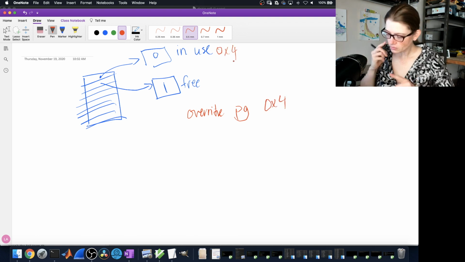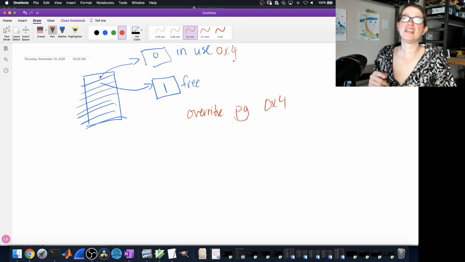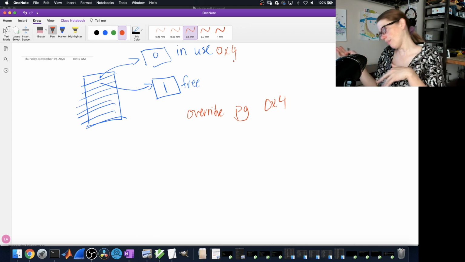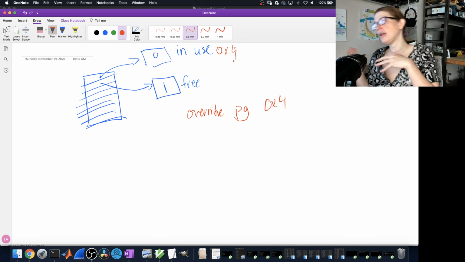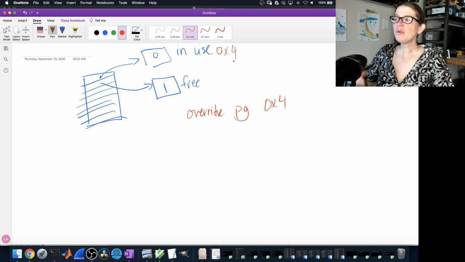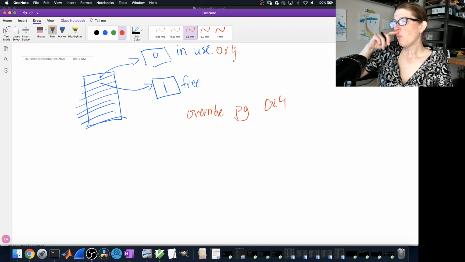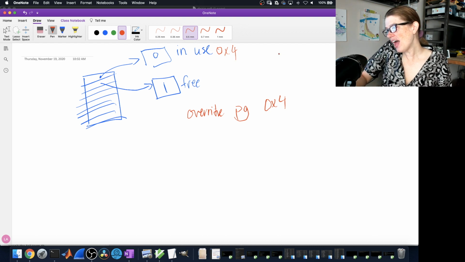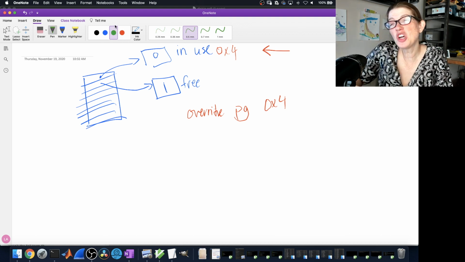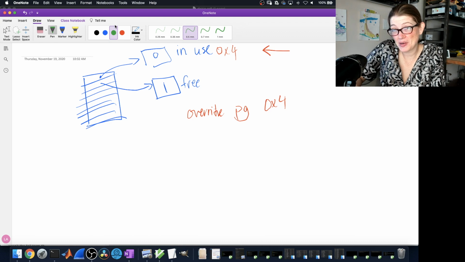If I wanted to overwrite this page with the naive solution, I'd have to copy it into memory, clear it out, write it back. That's a lot of work. But what if I don't? What if instead the file was using this page, but what if I altered the file to say, you know what, I don't want to overwrite this right now.